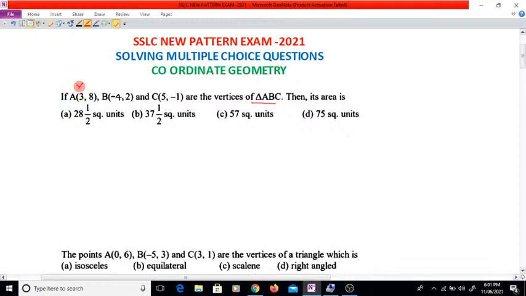So let this one be x1 and y1, this be x2 y2 and this be x3 and y3.